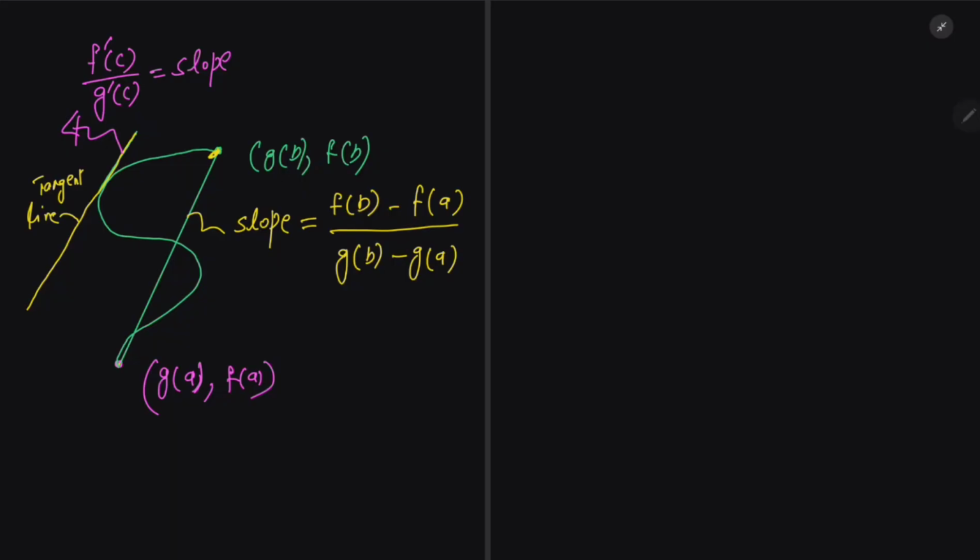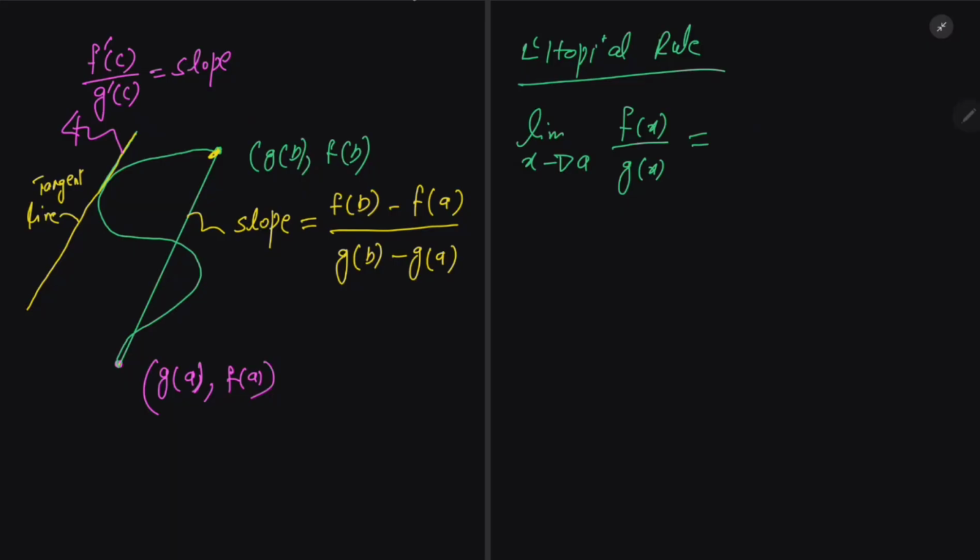Okay, why we needed this Cauchy's mean value theorem? One of the restrictions with the L'Hopital rule is, when we apply the limit x approaches A of f of x over g of x, then we apply the limit x approaches A of f dash x over g dash x.